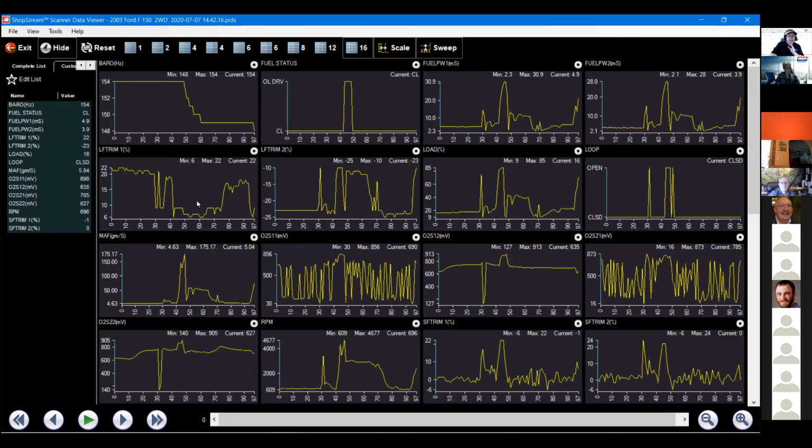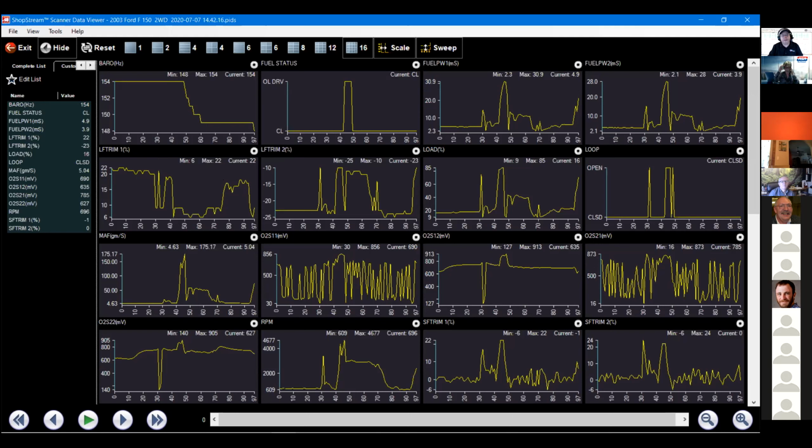All right. At any rate, here's what we're looking at. I am looking at long-term fuel trim on bank 1 and long-term fuel trim on bank 2. This is a 2003 Ford F-150.